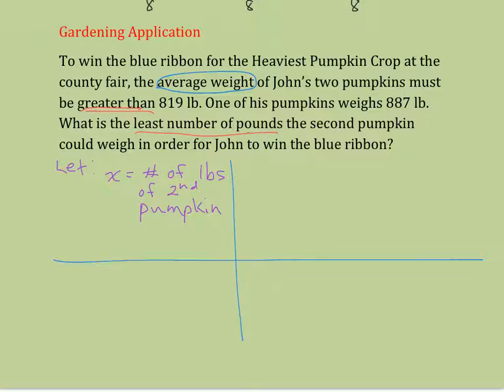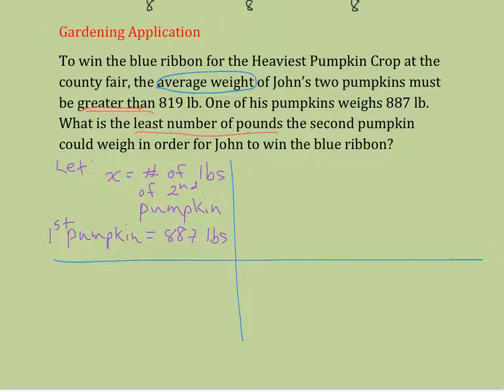And then just for chuckle's sake, because I like to put extra things in my let statement, I'm going to let the first pumpkin equal 887 pounds. So now I know that my first pumpkin is 887 and my second pumpkin is x.